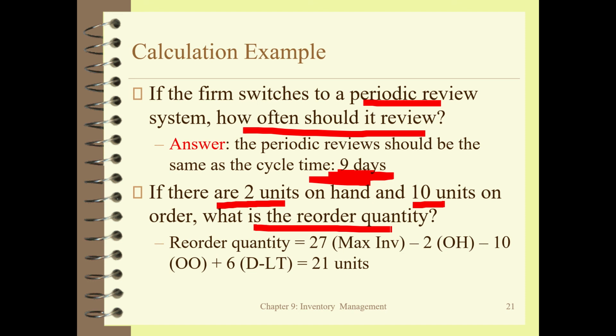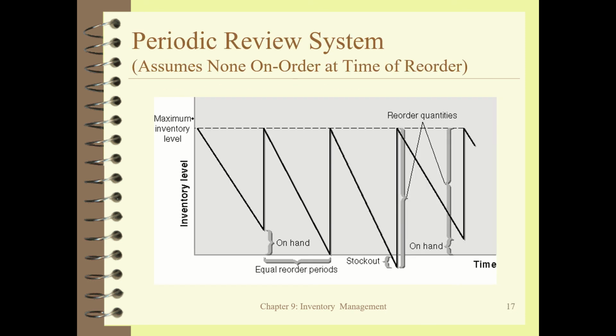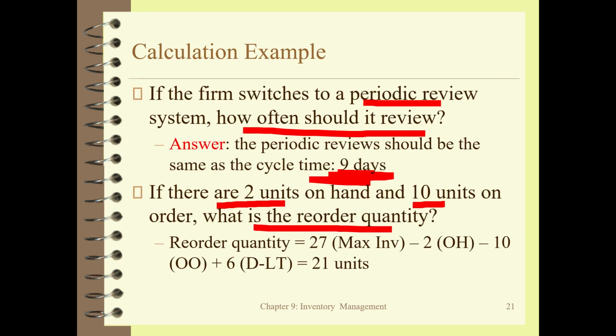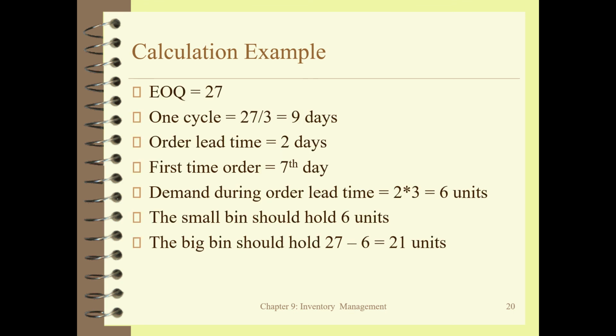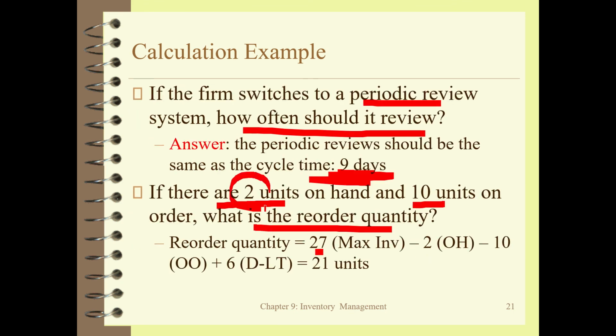According to our formula here, the reorder quantity is equal to the maximum inventory minus on-hand inventory minus on-order inventory plus demand during lead time. So the maximum inventory, we got 27. On-hand, we got 2 here, and on order is 10, right?